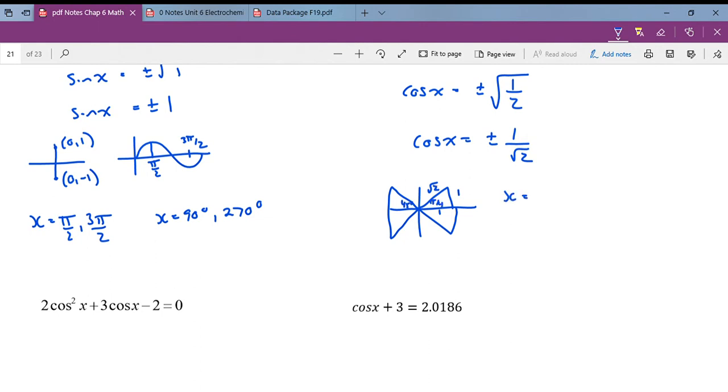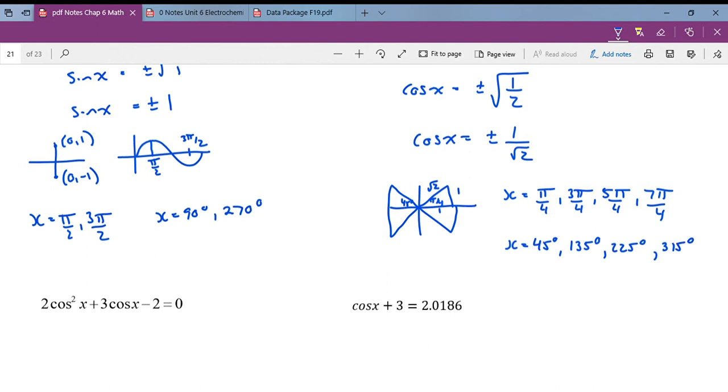So in radians, my answers are pi by 4, 3 pi by 4, 5 pi by 4, and 7 pi by 4. In degrees, my answers would be 45 degrees in the first quadrant, 135 degrees in the second quadrant, so 180 minus 45, and then 180 plus 45, so 225 degrees in the third quadrant, and then 360 minus 45, or 315 degrees in the fourth quadrant.